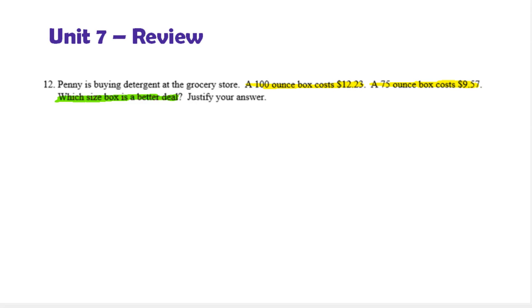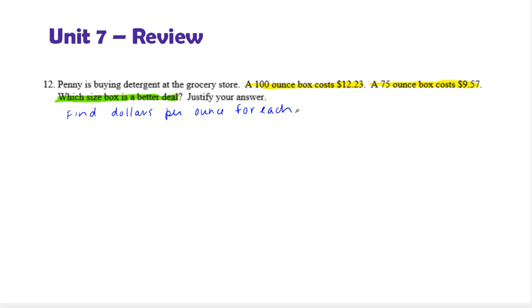So let's see how that works. I'm going to go with dollars per ounce. Find dollars per ounce for each. And you could do the other direction as well. Divide ounces per dollars. I chose dollars per ounce just because it will be in cents, and that makes more sense to me.